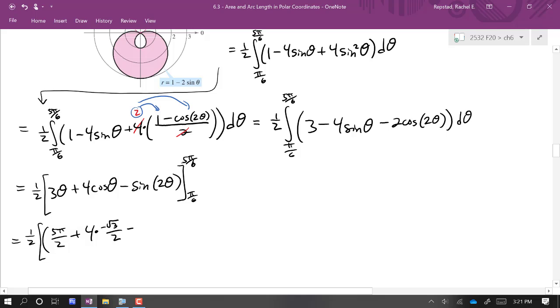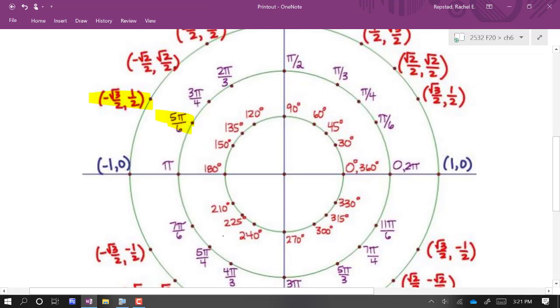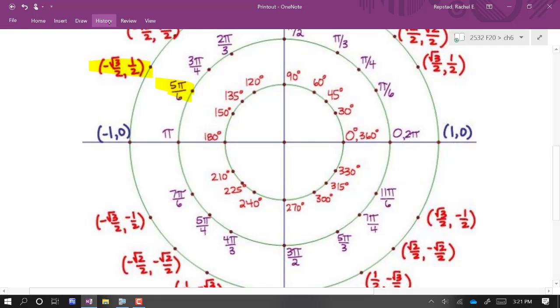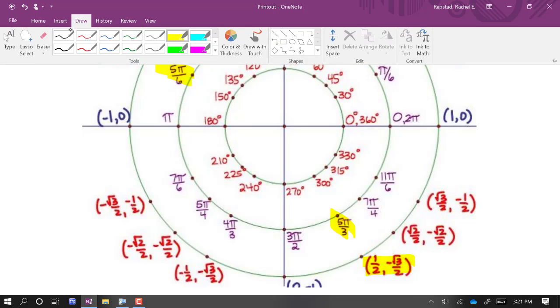Minus, let's see, 2 times 5 pi over 6 is 5 pi over 3, and sine of 5 pi over 3, 5 pi over 3 is down here, and that sine is minus root 3 over 2.